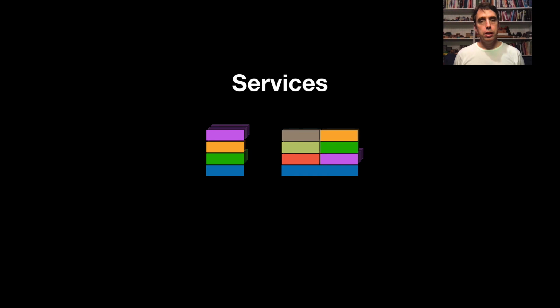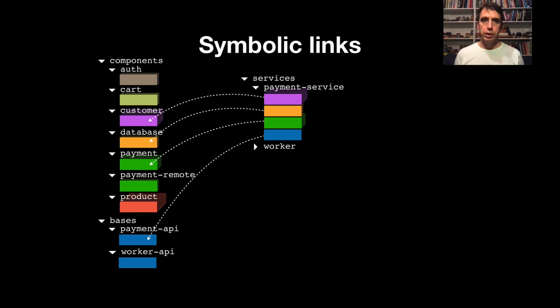I mentioned that a component could be used in more than one place. And this can be solved in mainly two ways. One is by using symbolic links. And here we have three top directories: components with all our components, bases, and services. And if you're not familiar with symbolic links, they are just placeholders for a file or a directory.